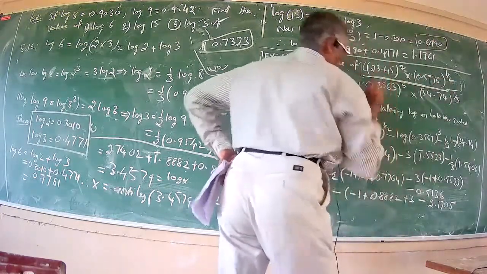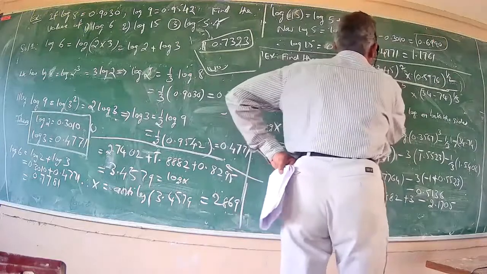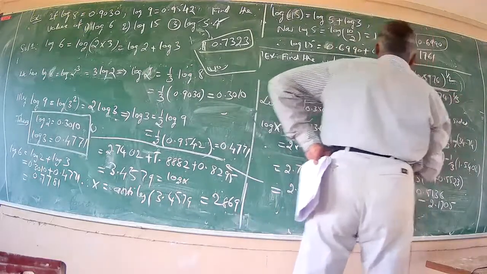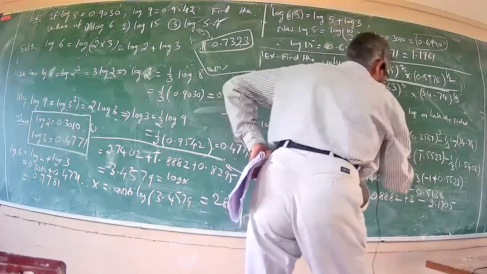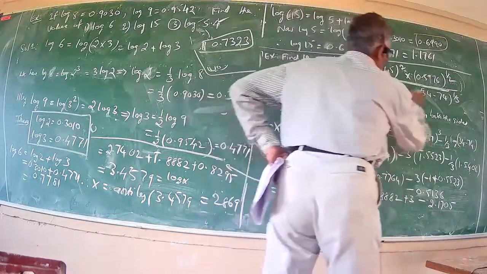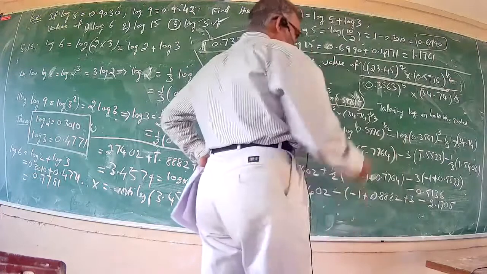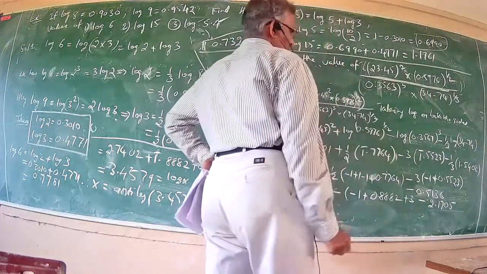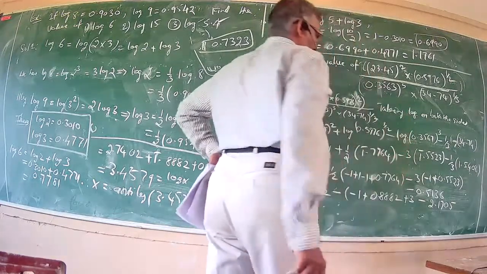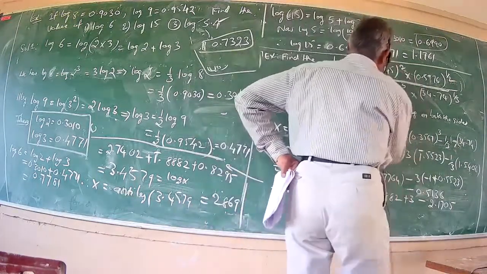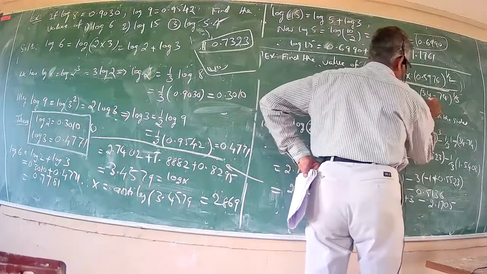0.5976 raised to half. This is the whole divided by it. Whole divided means this is actually whole minus this plus this. I have skipped one step here. This minus log of this is actually log of a plus log of b.